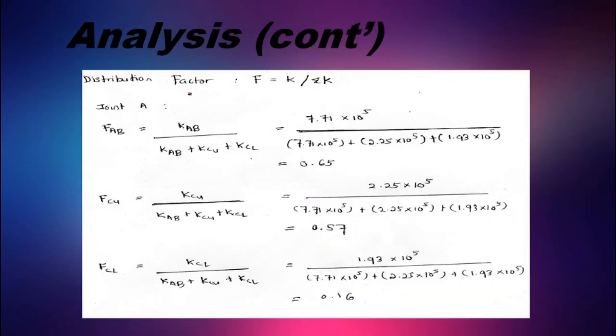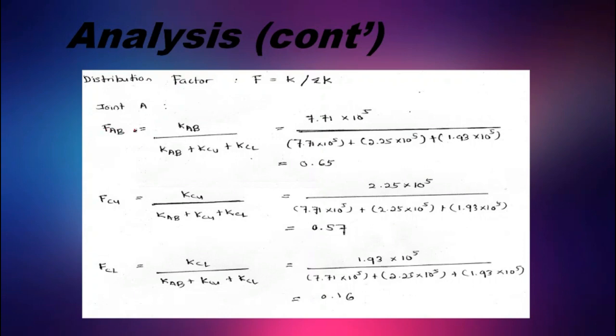Next, we will have to calculate the distribution factor, F, for all the members in the joint that we will calculate. The calculation of the distribution factor involves the stiffness of the member divided by the sum of the stiffness of all members in the joint.